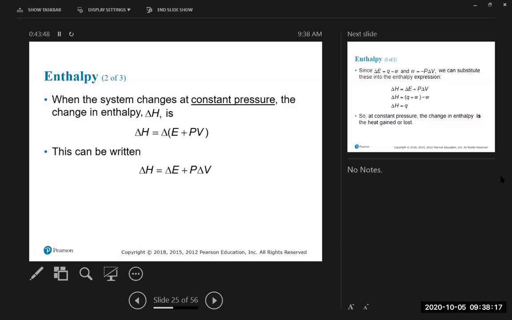We rewrite that as delta H equals delta E plus P times delta V. P doesn't have a delta on it because we're at constant pressure, so by definition P doesn't change. You're going to have one value for that. If it was atmospheric pressure, it would be one atmosphere. But the volume might change, the energy might change, and those changes added together give us our change in enthalpy.